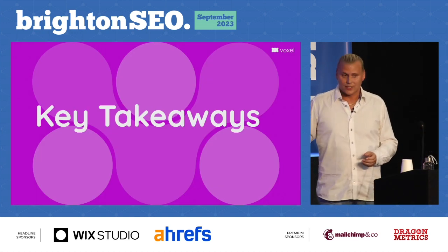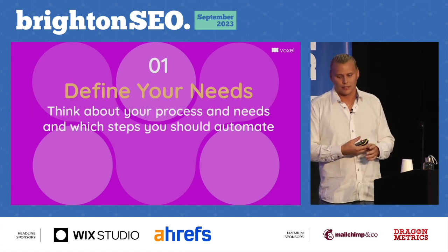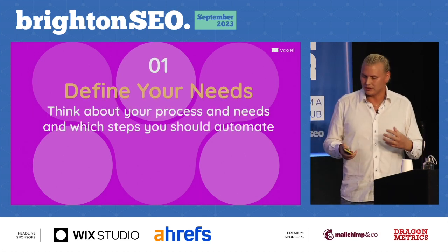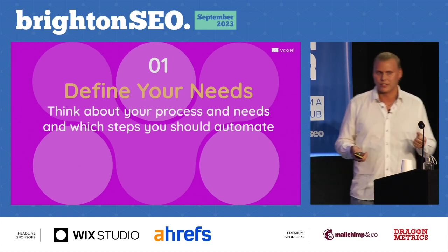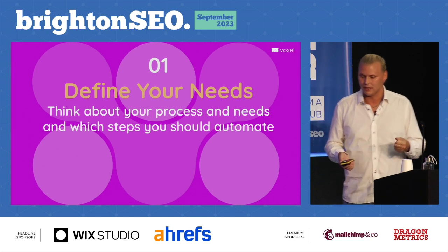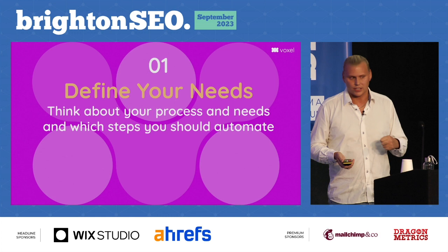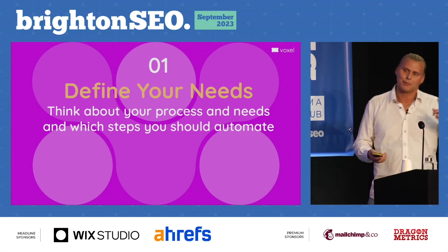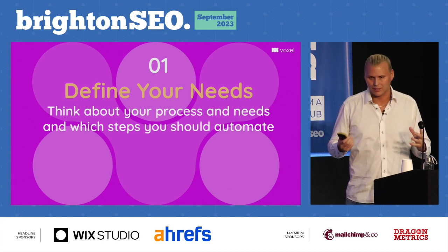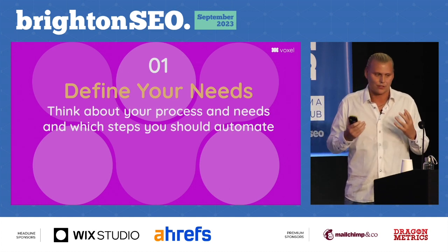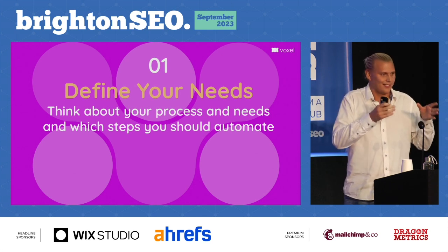So some of the key takeaways. I think the number one thing that I want you guys to take away from here is, when thinking about automation, to define your needs and think about the processes and which steps you should automate. And this ties back to my very first slide in the beginning, the strategy breakdown, because for me, it really makes sense to break down the automation strategy in these parts.